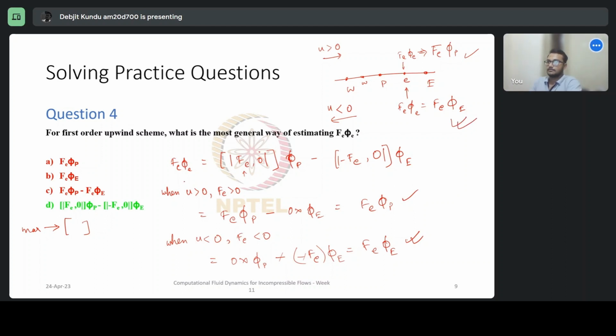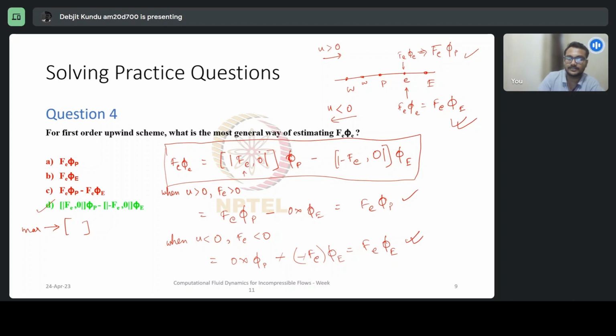So by writing the equation like this, I am generalizing both cases when u is positive as well as negative. That's why option D would be the correct way of estimating Fe phi E in a first order upwind scheme.